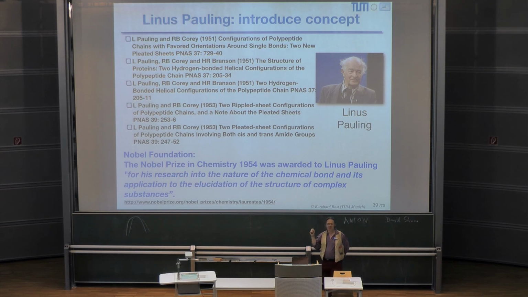Now the remarkable thing is, there are 5 that I quote here, and there are 2 types of secondary structure. How come you can describe 5 papers with 5 types of secondary structure, and only 2 exist? Right, you make mistakes, right?